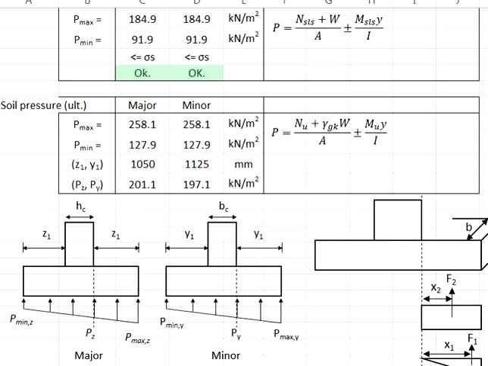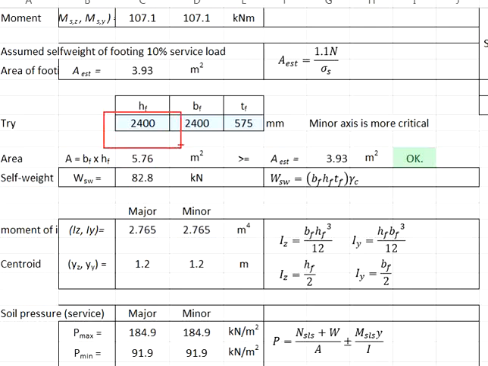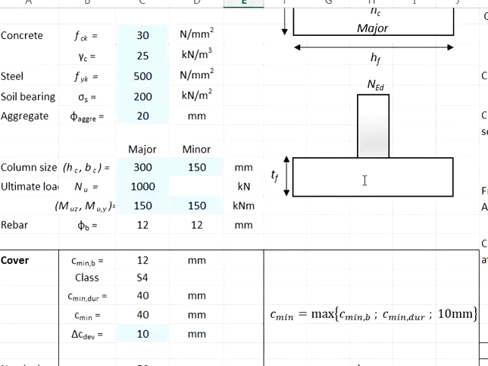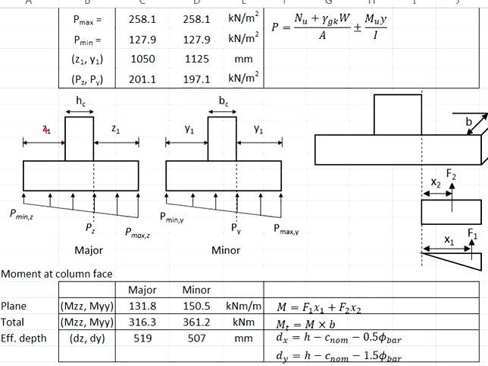Z1 is calculated by taking the width of the pad footing, which is 2.4 meters, minus the width of the column, which in the major axis is equal to 300 mm, and then divided by 2. That gives you Z1 equals 1050 mm. You will do the same for the minor axis.